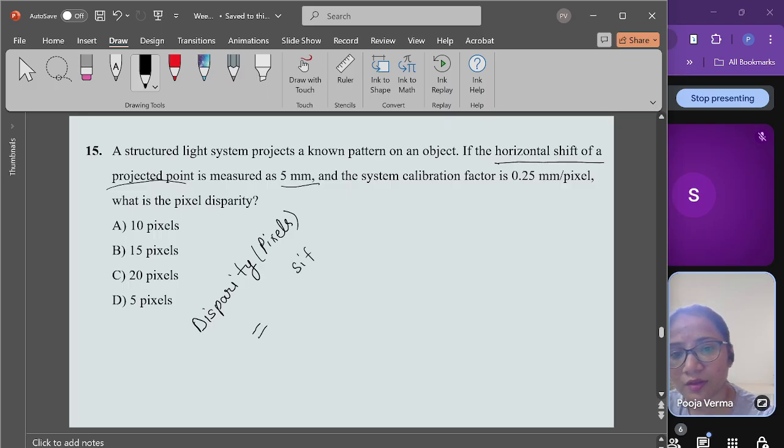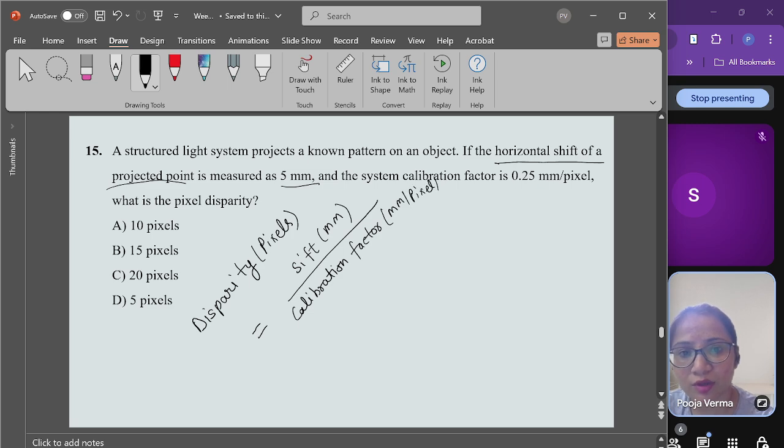Shift in millimeter divided by calibration factor, that is in millimeter per pixel. So in total we will get the result in pixels. The horizontal shift is given as 5 millimeter, and the calibration factor is given as 0.25.